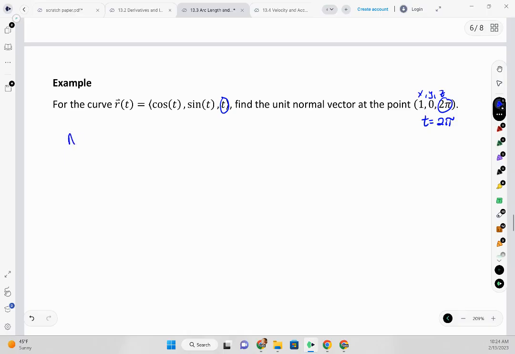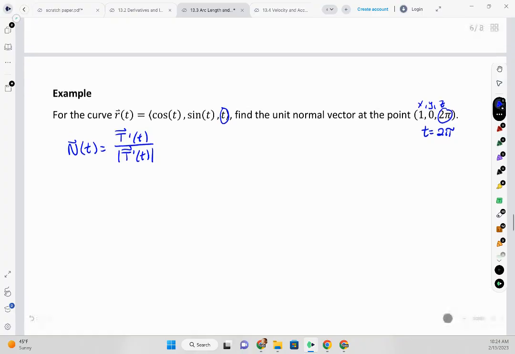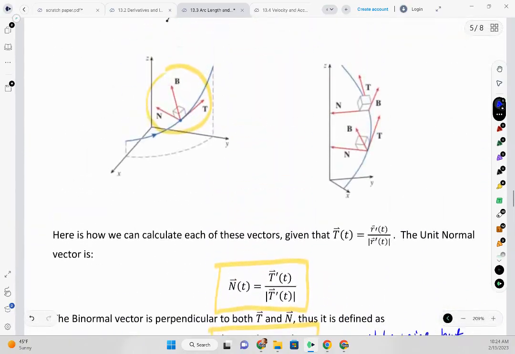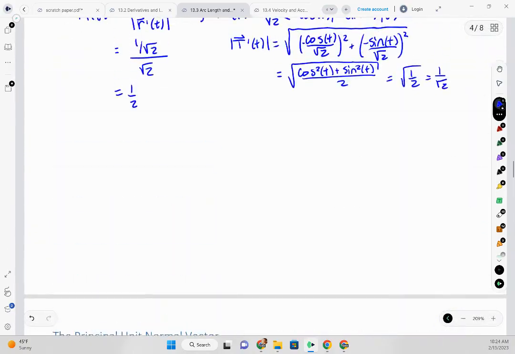If we want the unit normal vector, we need to know what it is. The unit normal vector will be T prime of t, and then we're going to divide out the magnitude of T prime of t. Now I want to recall, for the sake of time, that we found T prime of t, right? Let's go back up here.